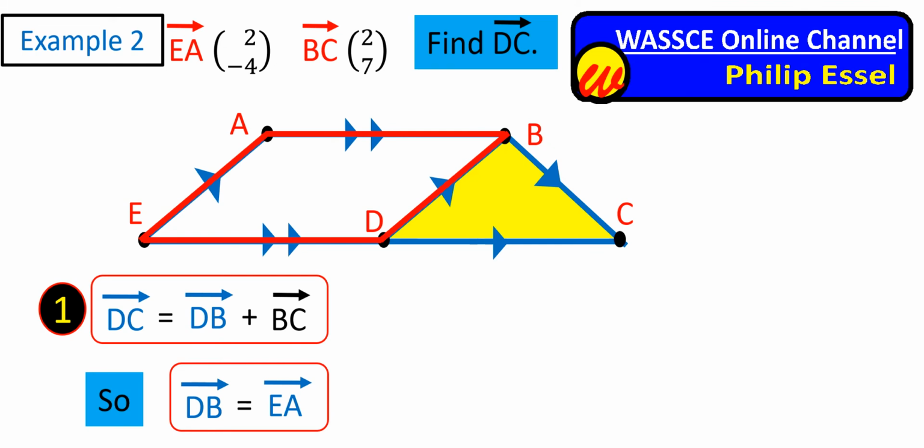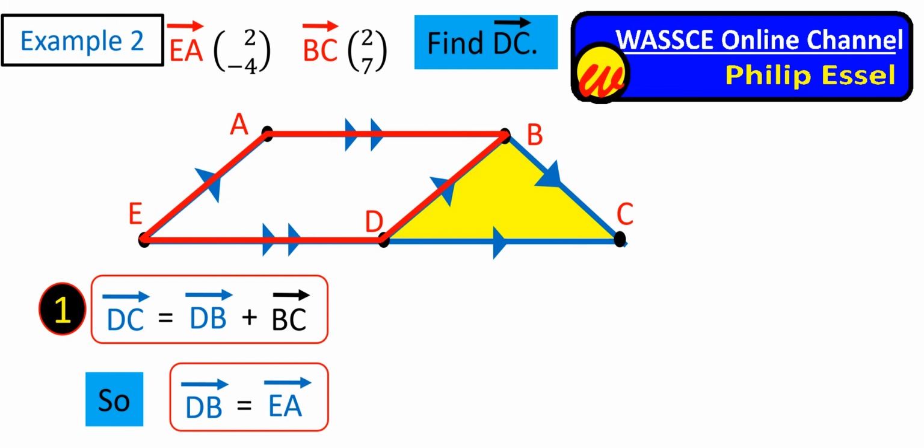Now, since we know that the vector DB is the same as the vector EA, what we can do is to rewrite equation 1, but this time replacing the vector DB by the vector EA, since DB and EA are the same. So that's what we are going to do.